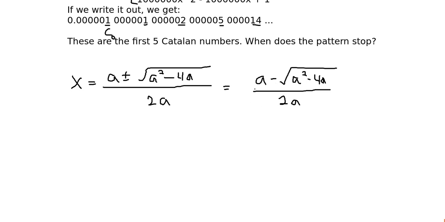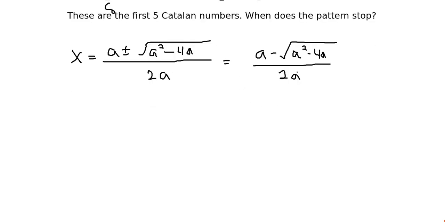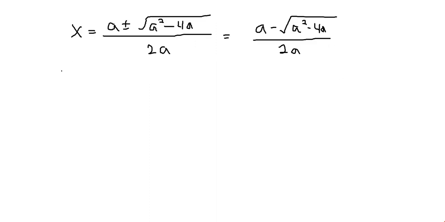And here we see a little Catalan popping up again, right? To make that more obvious, I'm going to divide top and bottom by A. I know really that's multiplying, but you get the point.